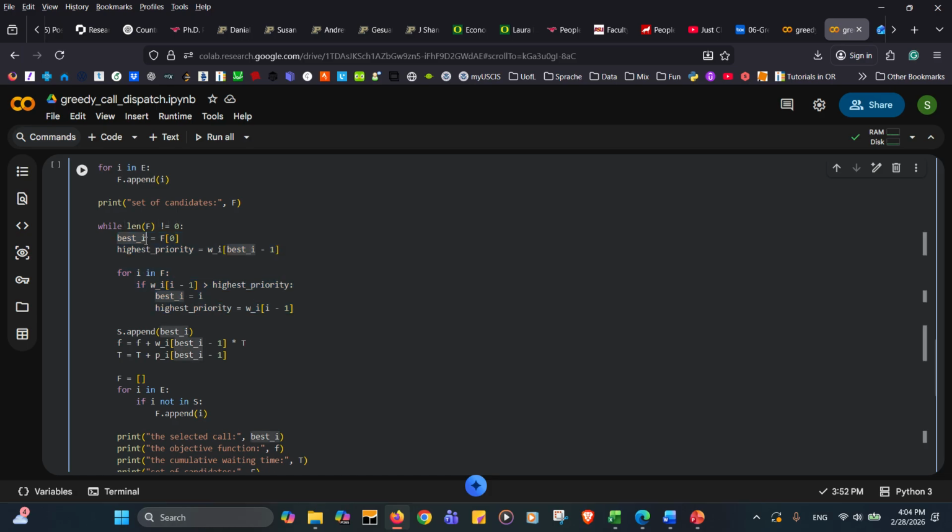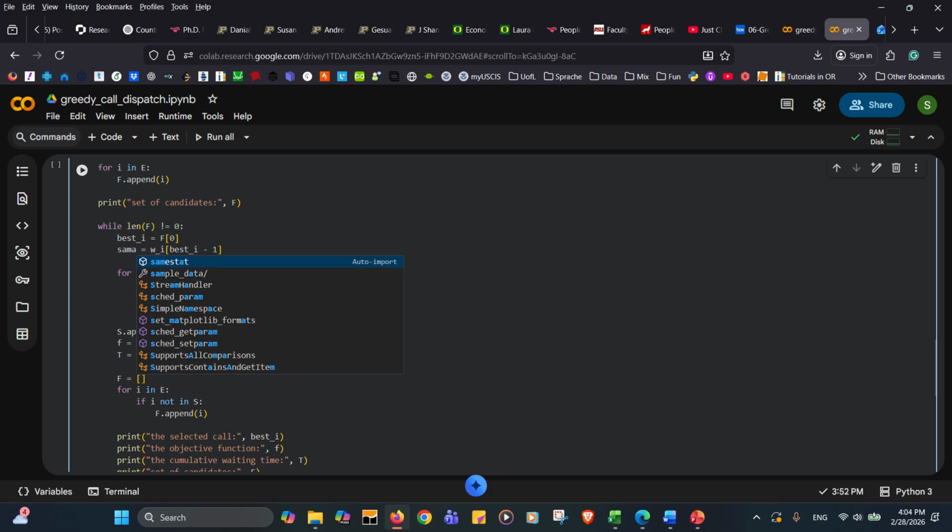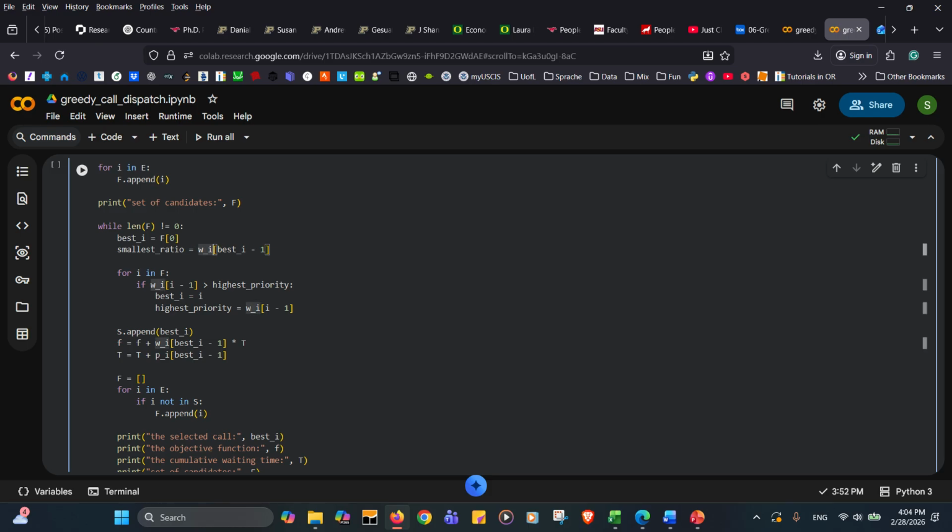So we keep the best I as the first element of the priority list, and then, so instead of highest priority, I'm going to have the smallest ratio, and the smallest ratio is the processing time PI of the best I minus 1 divided by the WI, the weight of the best I minus 1.